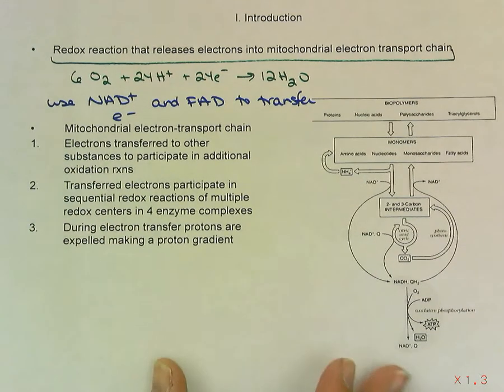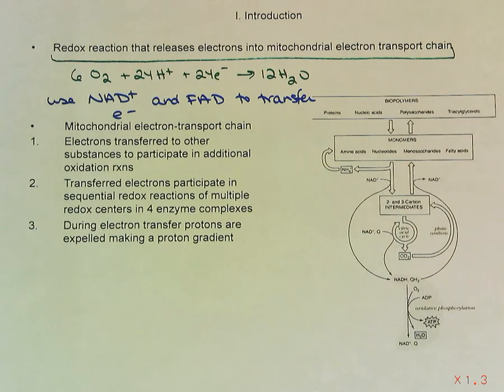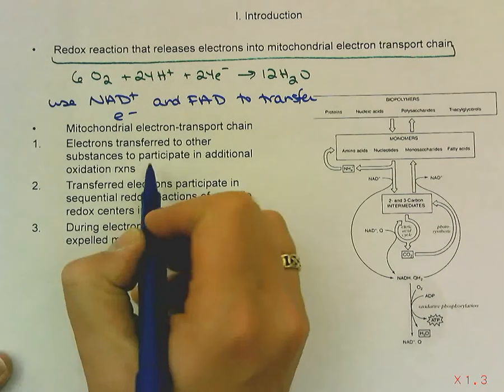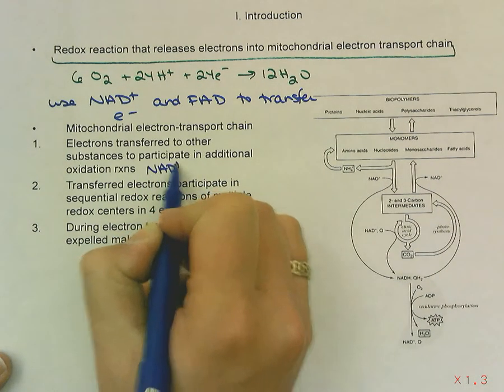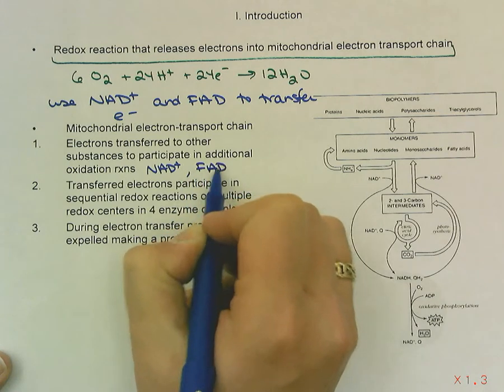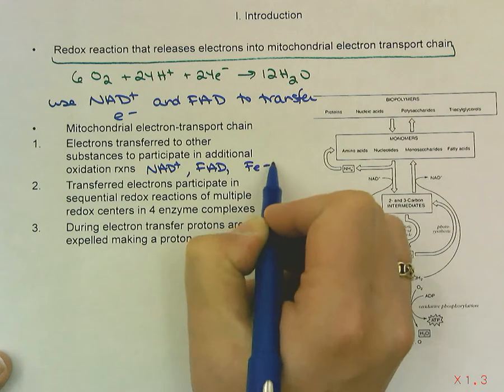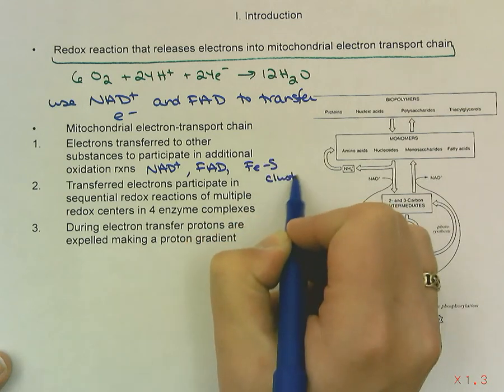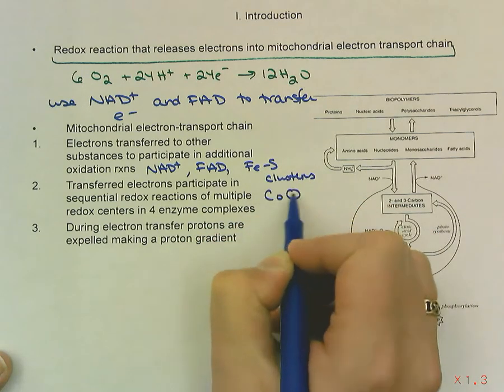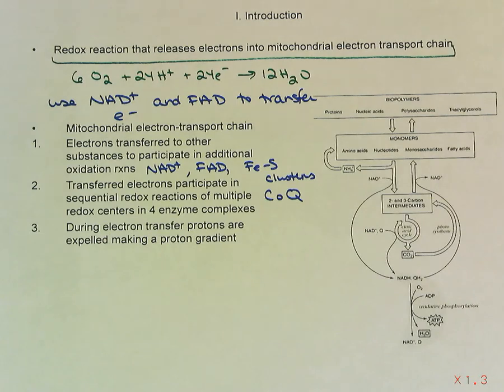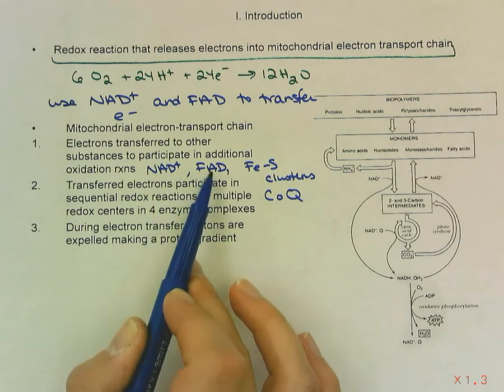So, three big things about our mitochondrial electron transport chain for it to work. One, we're going to transfer electrons through our NAD+, FAD, and some other new molecules we're going to be very excited to learn about: iron sulfur clusters and CoQ, coenzyme Q. So these two we know, NAD+ and FAD.